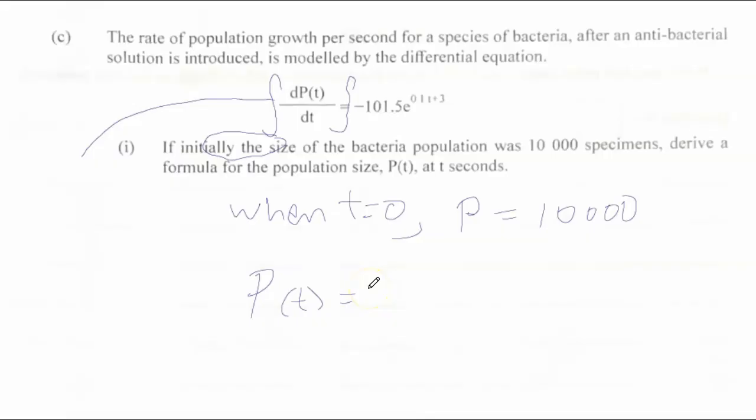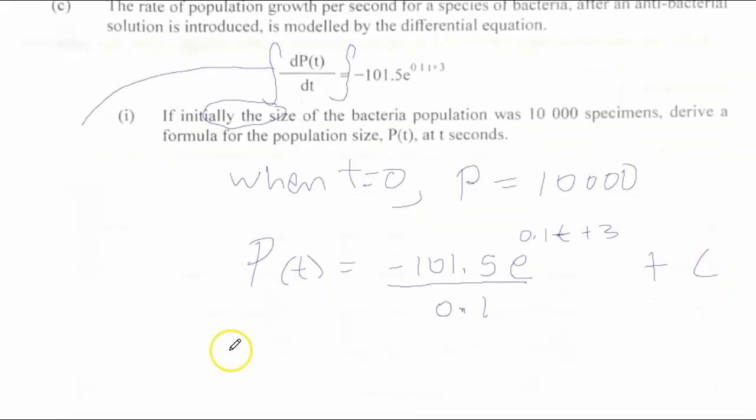So integrate dP by dt, we get P, and integrate the right hand side now, we have minus 101.5 e to the 0.1t plus 3. To integrate it, we divide by the t coefficient, or the derivative of 0.1t, which is just 0.1, plus a constant.